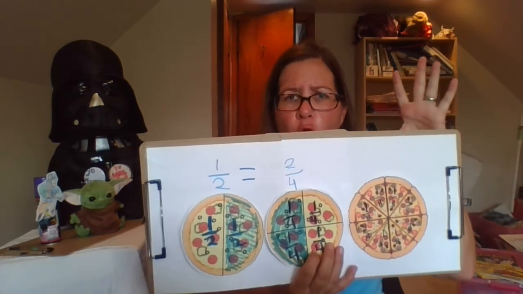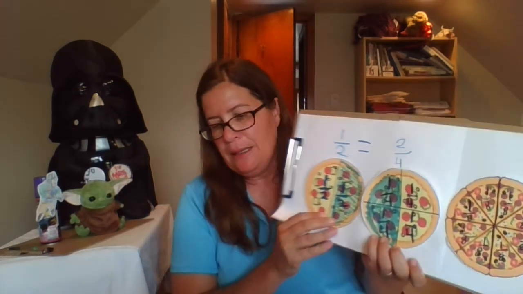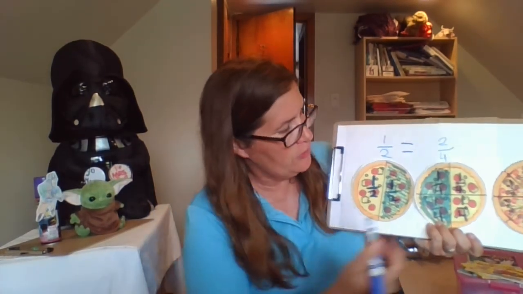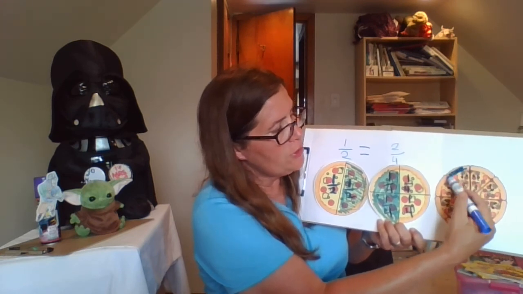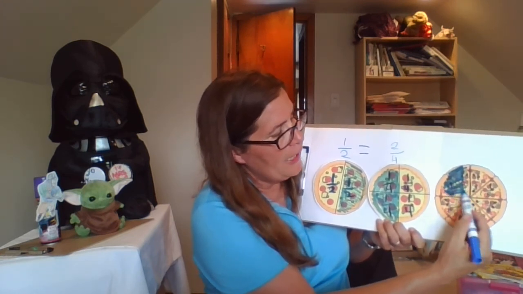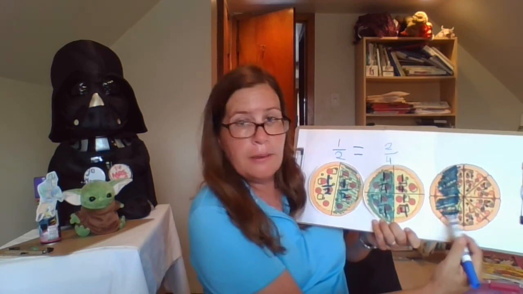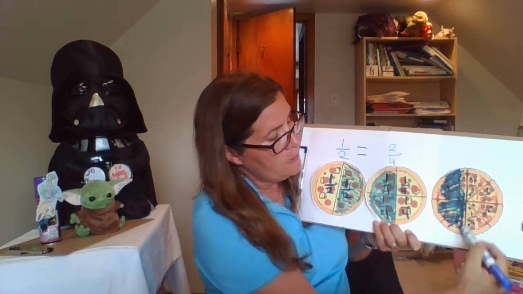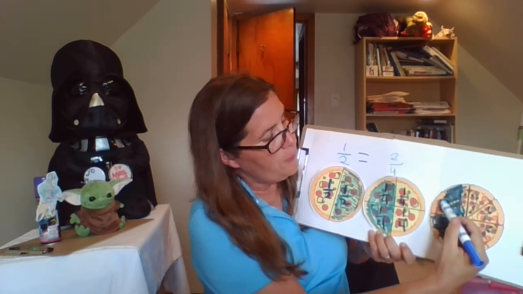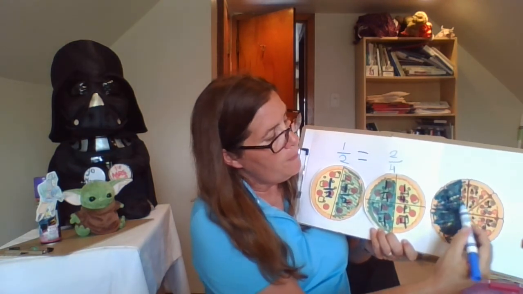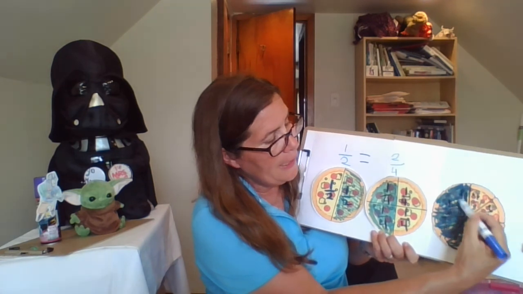You shout out 4. It's 4, and you're right. And good job, Zoe, too, again, and Riley. Darth Vader would have to eat 4 slices of pizza, so it would be equivalent to Baby Yoda's and Flat Alex's.